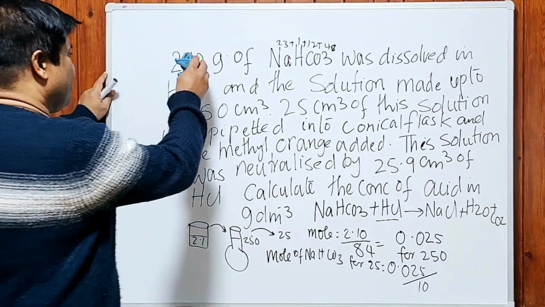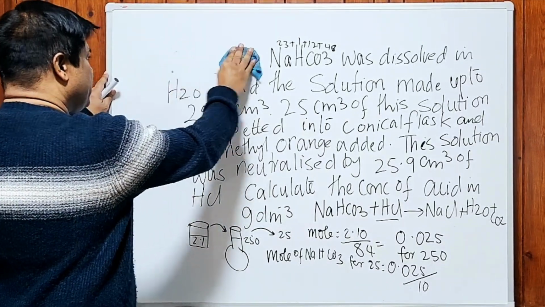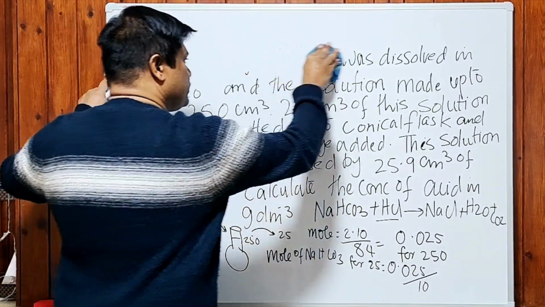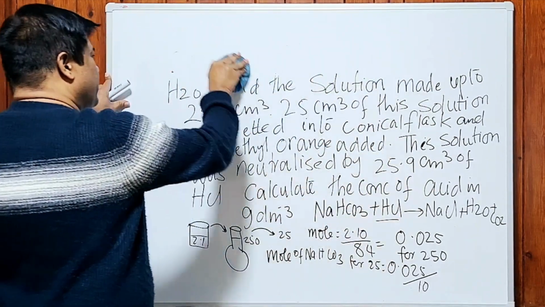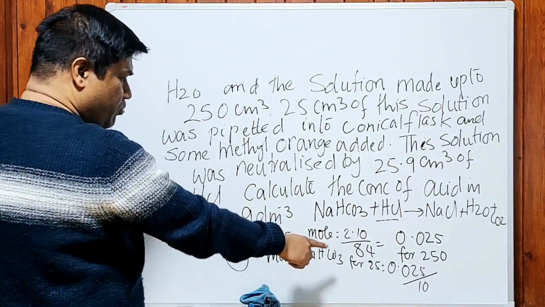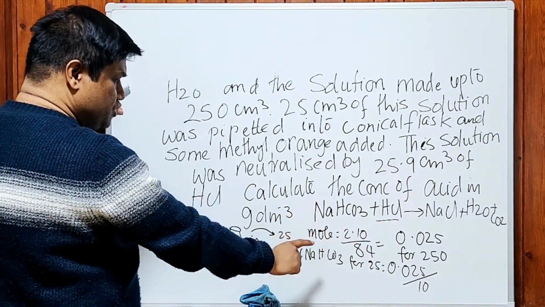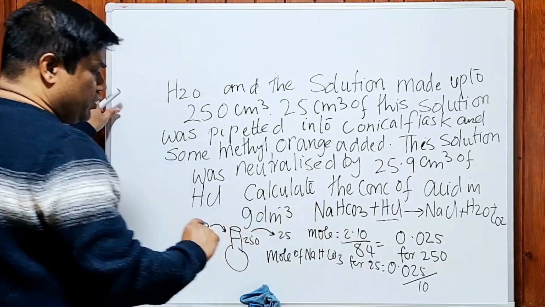I want to rub this part only. I don't have enough space. Look at that. That's the number of moles of sodium hydrogen carbonate for 25.